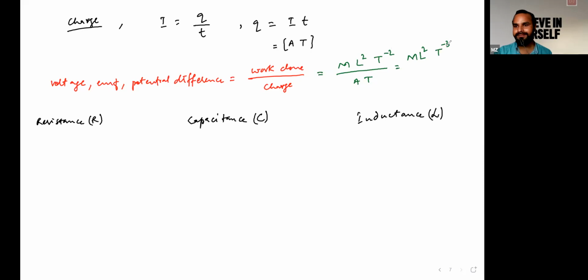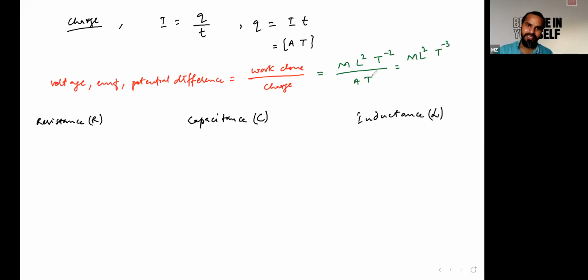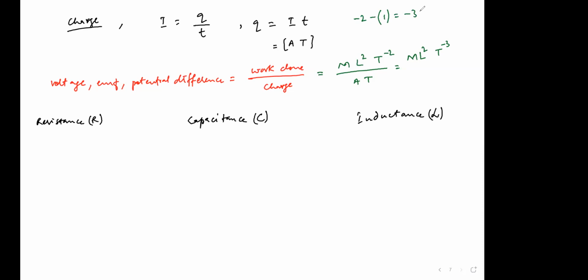Is it clear? We can't just divide T by T. If you want to divide these two terms, one has exponent minus 2 and the other has exponent minus 1. According to the law of exponents, on division the exponents get subtracted, so it becomes minus 2 minus 1, which is minus 3. On dividing, we get minus 2 and the lower one is plus 1, right?